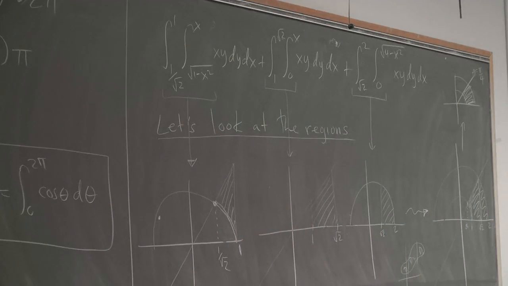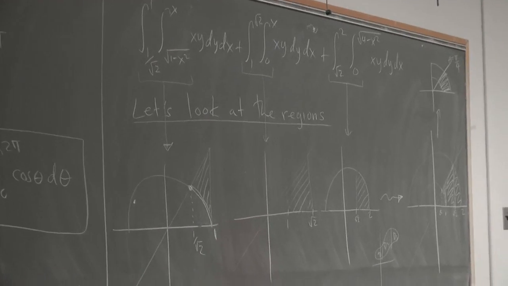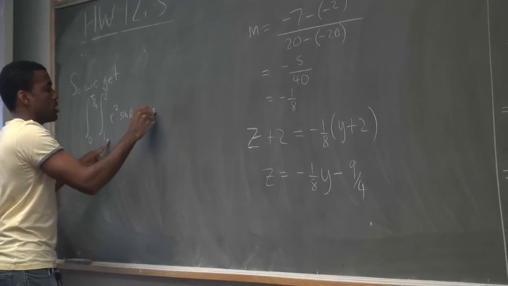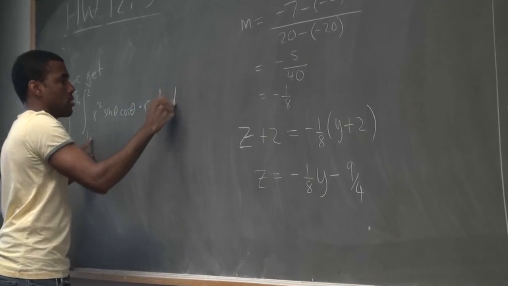So at the end of the day, we get theta goes from 0 to pi over 4, r goes from 1 up to 2, of x times y, which is going to be r squared sine theta cosine theta, times r dr d theta.